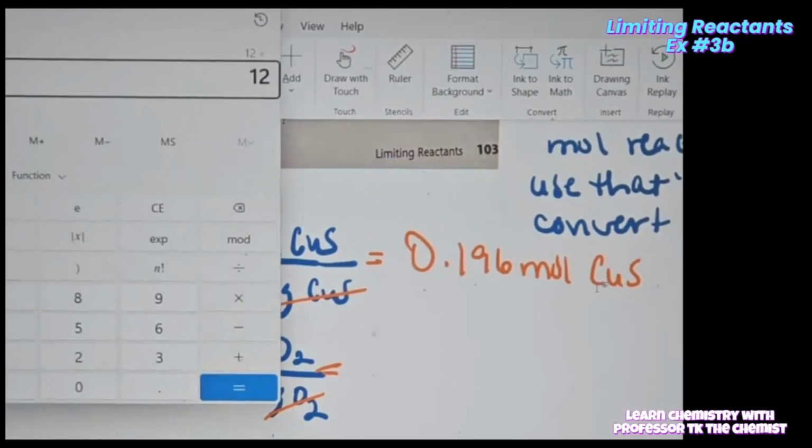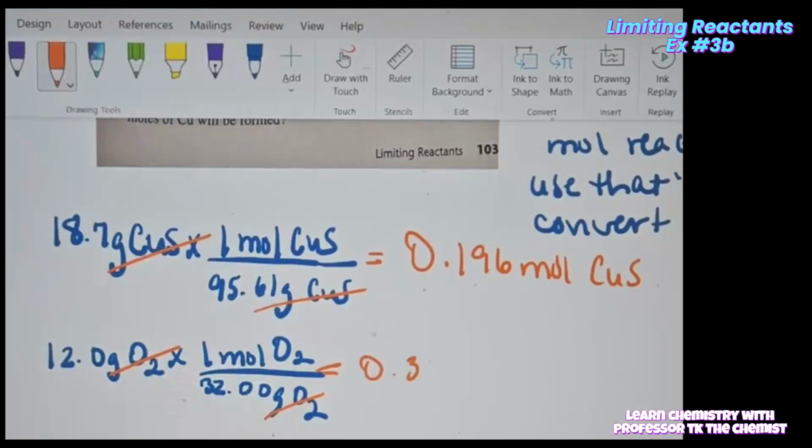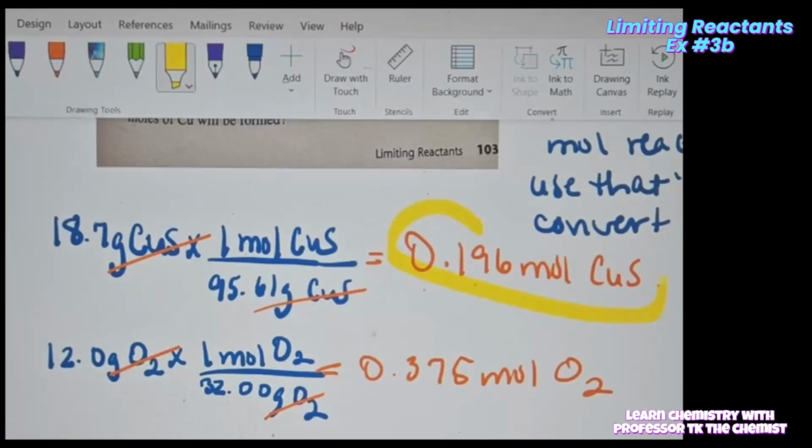And then 12 divided by the 32.00, and you get 0.375. Okay, y'all remember when I said don't get tricked into thinking that the smallest gram is going to give you your smallest limiting reactant? Because look at these numbers now. Copper 2 sulfide in this particular case is the limiting reactant, okay?